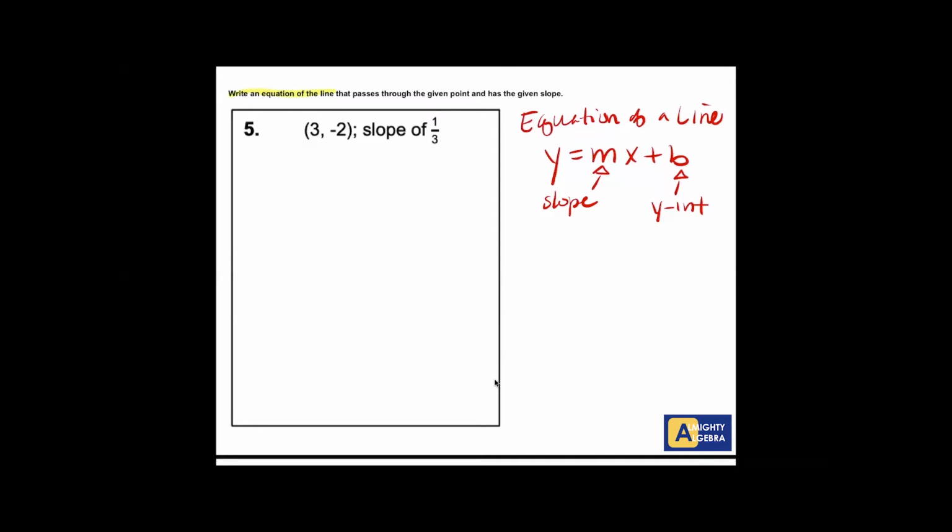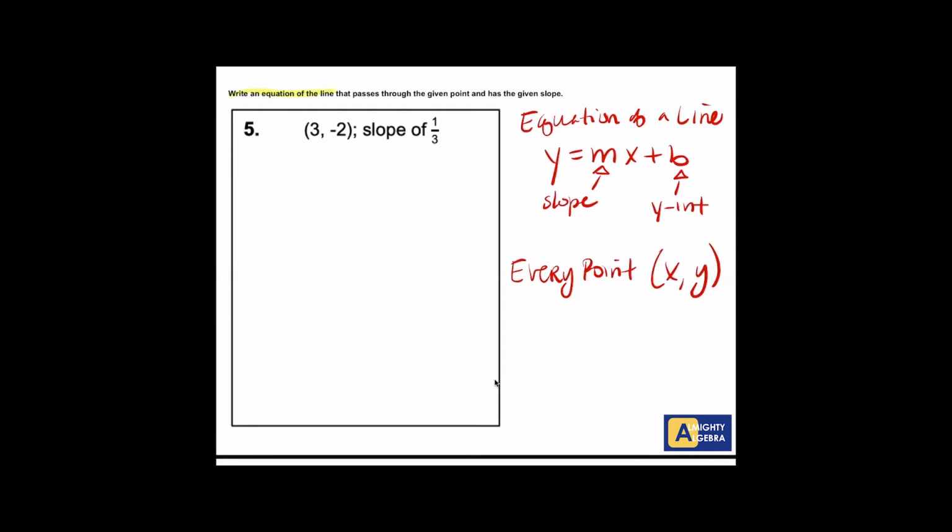The second thing that would be helpful to know is that every point has an x and a y coordinate. The first number is always the x coordinate. The second number in the point is always the y coordinate.